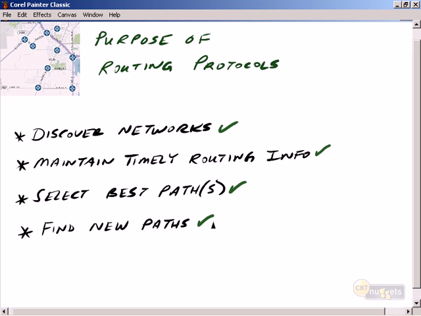So, if the current path is not available or it isn't the best path, we want our routing protocol to choose a new best path for us. And like I said, we can use a vector method or we can use a link state method. Let's learn about vector protocols now, specifically a distance vector protocol, one that you're probably familiar with, one that's been around for a long time and is still ubiquitous, RIP version 2.